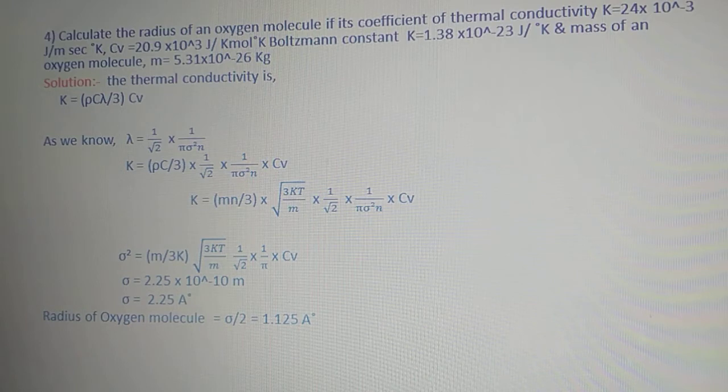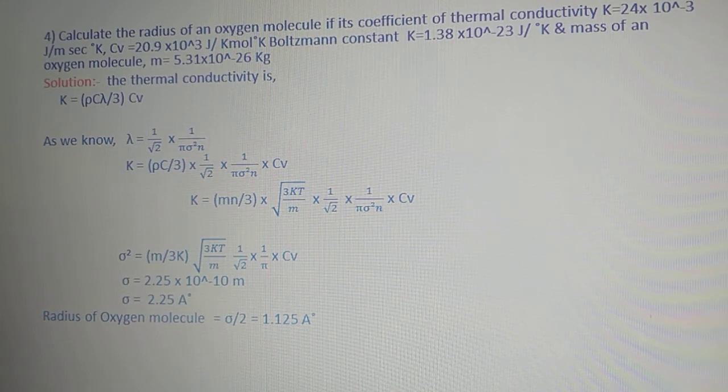And thus this will help us to get the value of sigma square. So by rearranging the above relation, we'll get sigma square is equal to m by 3k into square root of 3 kT by m, 1 upon root 2 into 1 upon pi into Cv.